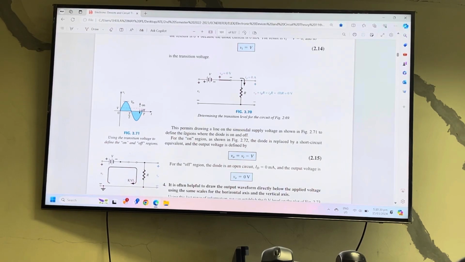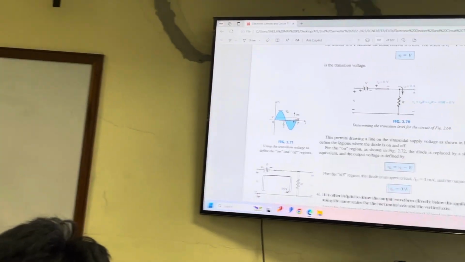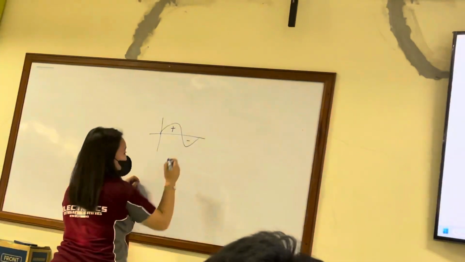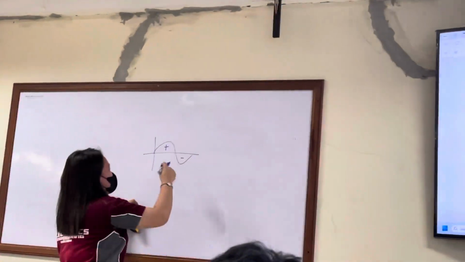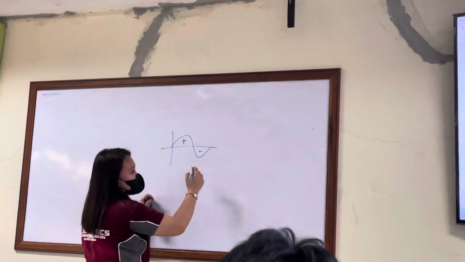For example, this is the signal. This is the positive half cycle, negative half cycle. Now, in the on state, or our positive half cycle, make a loop.